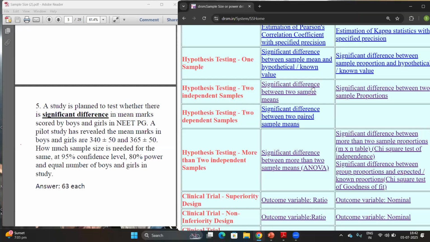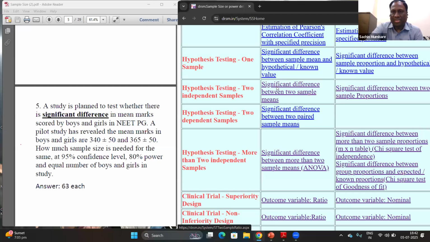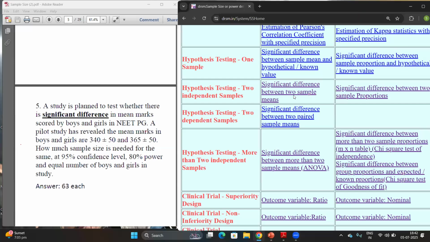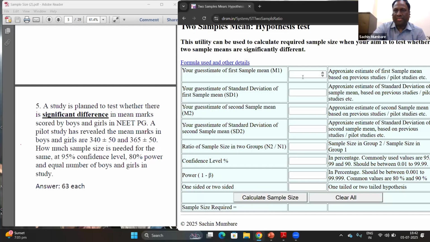So I will use this link, significant difference between 2 sample means. Understood? Yes, sir. Okay, so I will use this link and now we'll put in the required information.